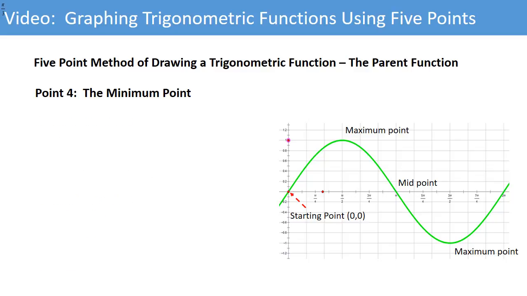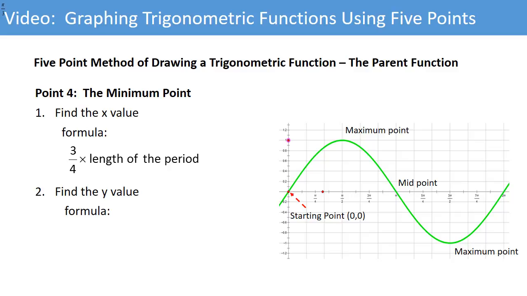Now, point 4, the minimum point. Find the x value, the formula. This time we'll take 3/4 of the length of the period. 3 over 4 times 2 pi would be 3 over 2, and of course, don't forget the pi, 3 pi over 2.